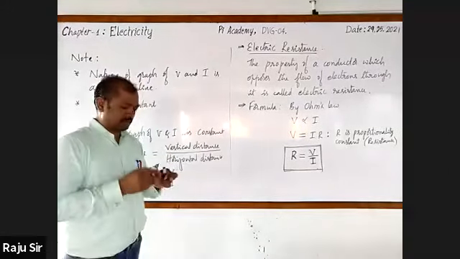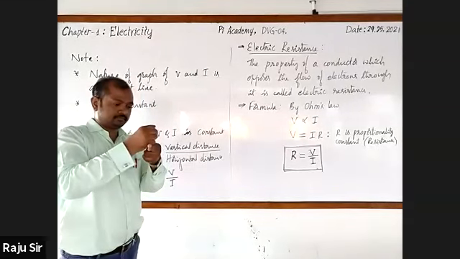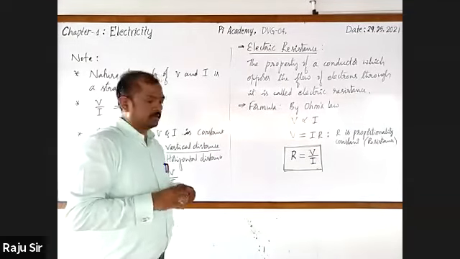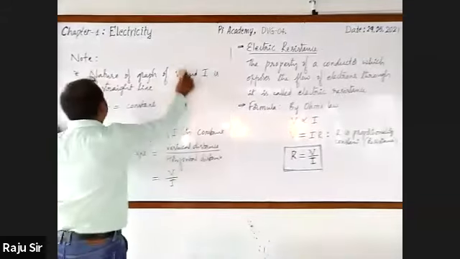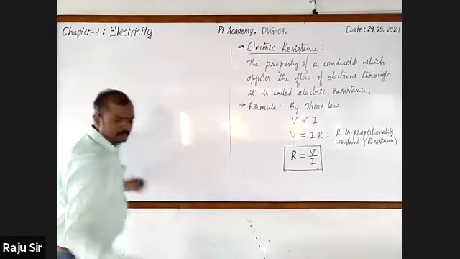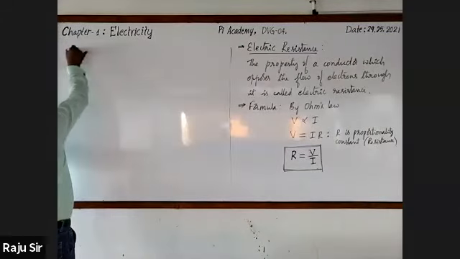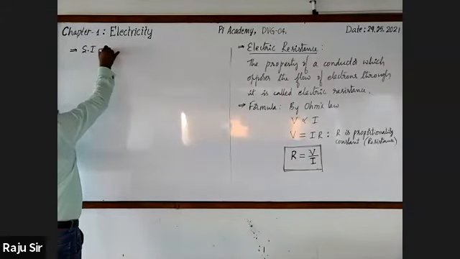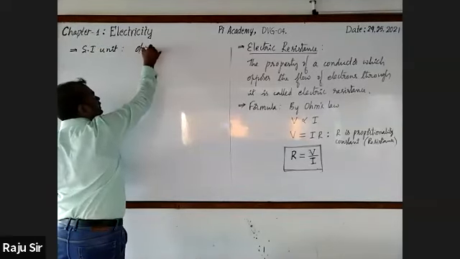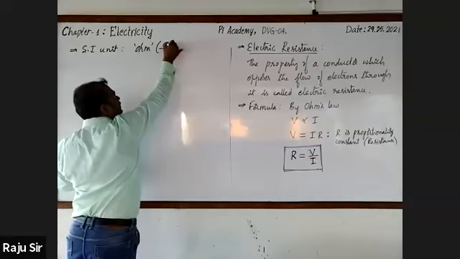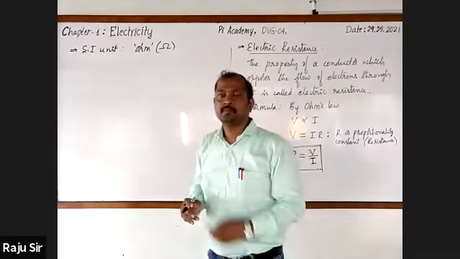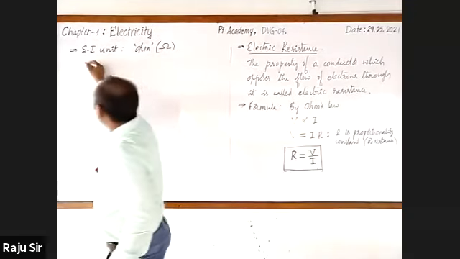Next, below that, SI unit. Write the SI unit. It is ohm. In bracket, the symbol of ohm, nothing but omega. Next, actual unit.